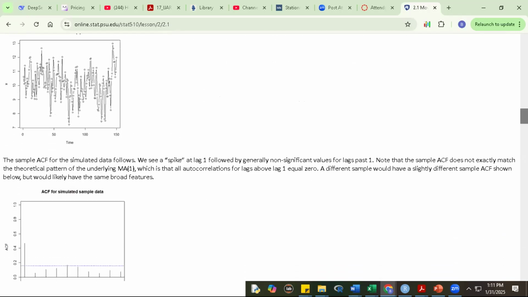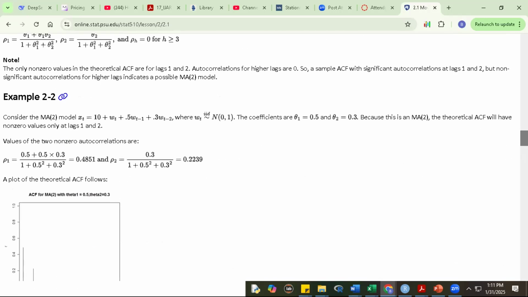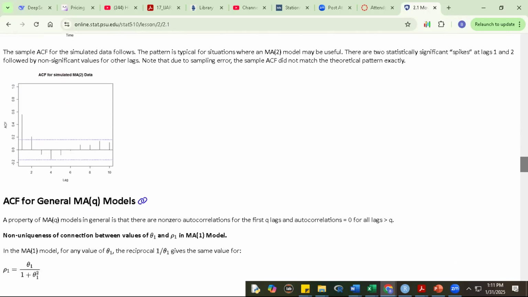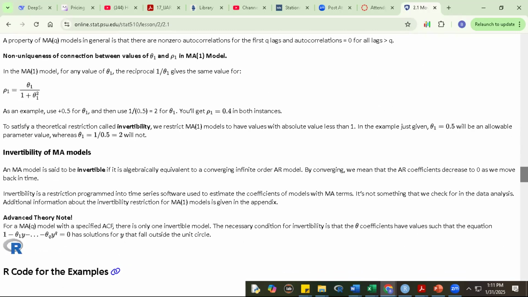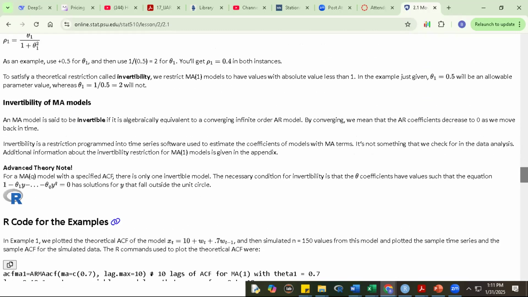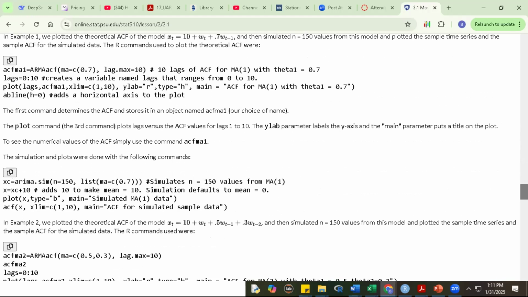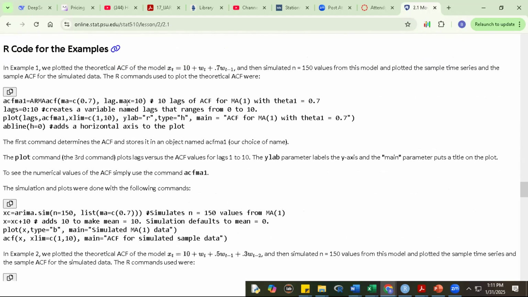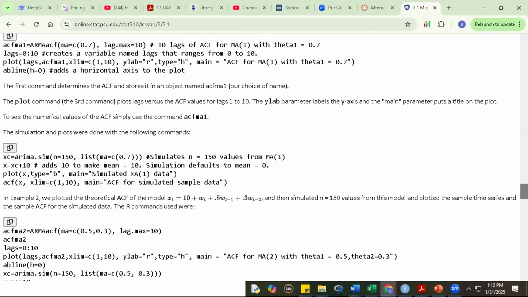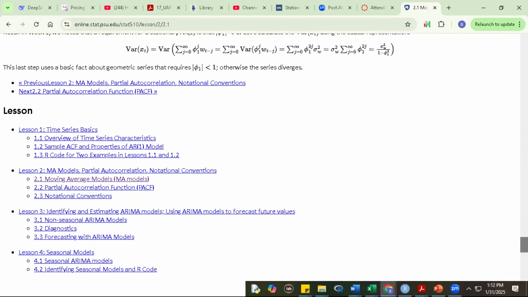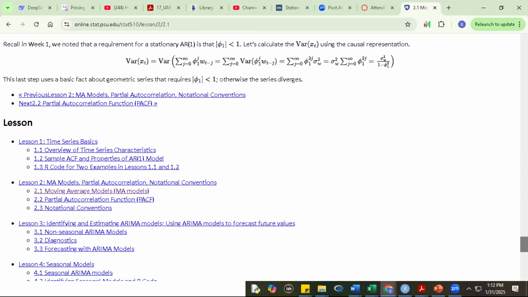All right, so here are some examples, and here are discussions for ACF and PACF. If you want to learn more, class, there are some R codes here that you can copy and run in your RMD file.